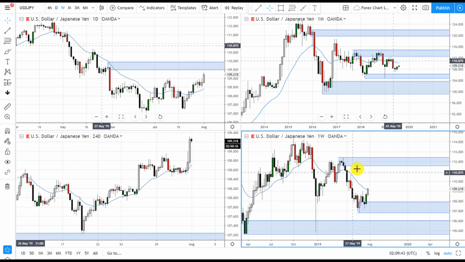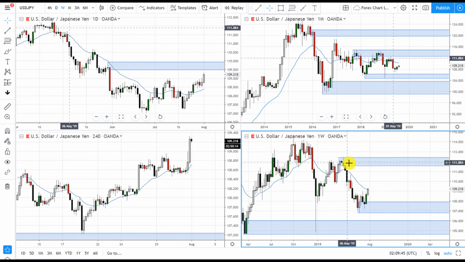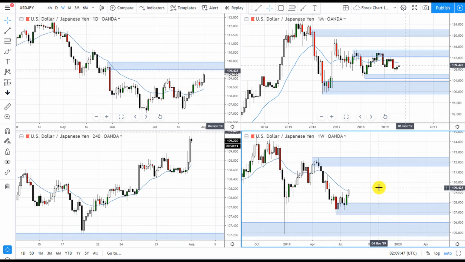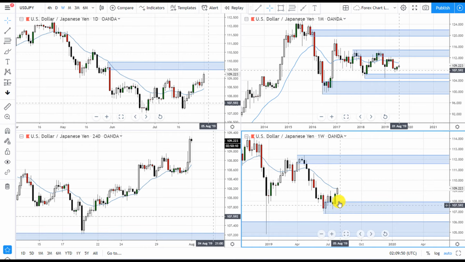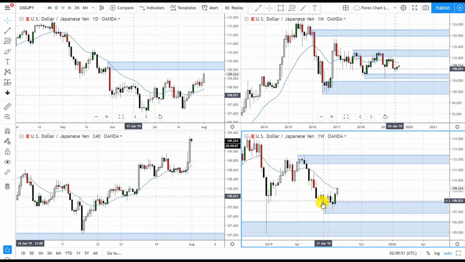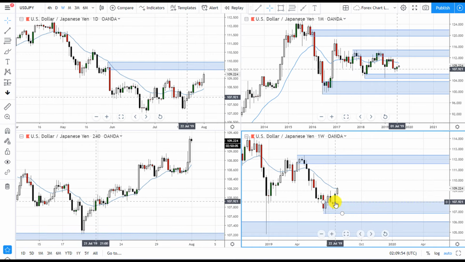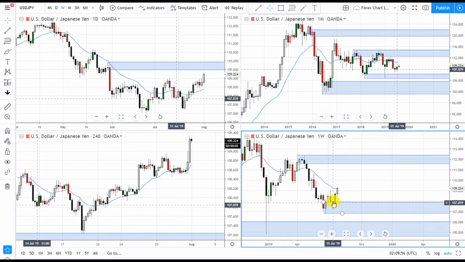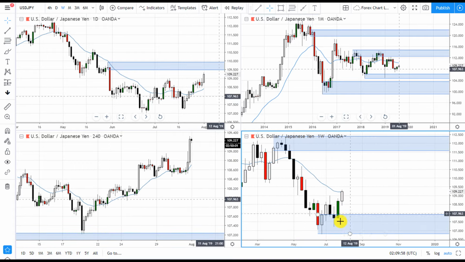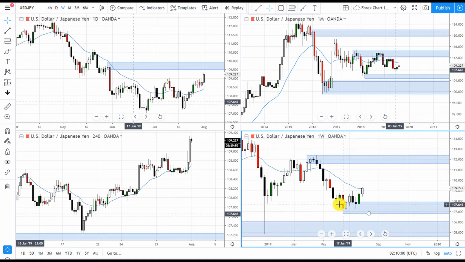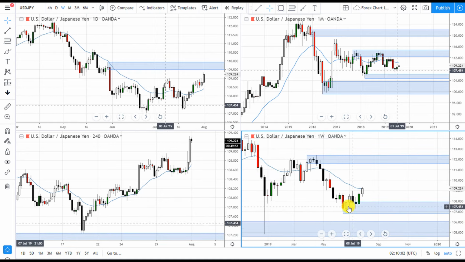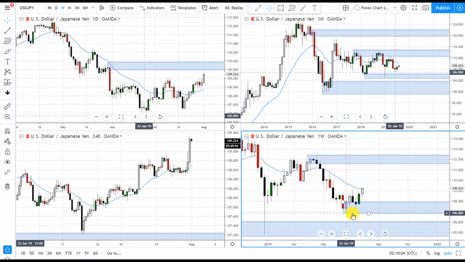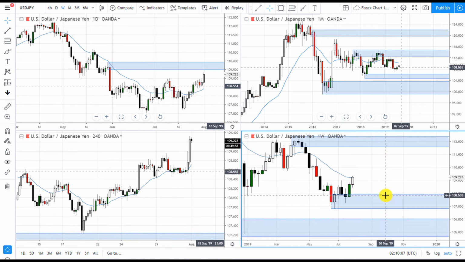And now we have this level of supply up here, and recently it created this level of demand down here. It's really actually right here, but since it's so close to this, I made this range lower.